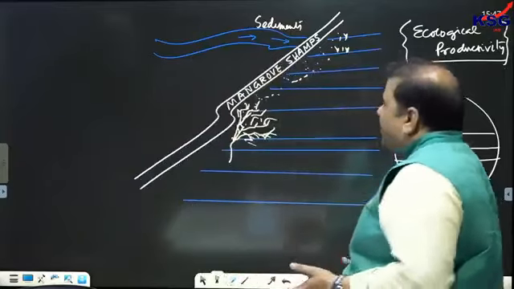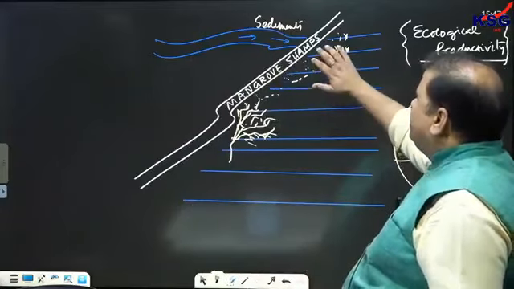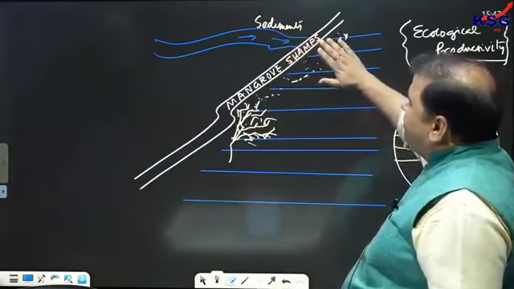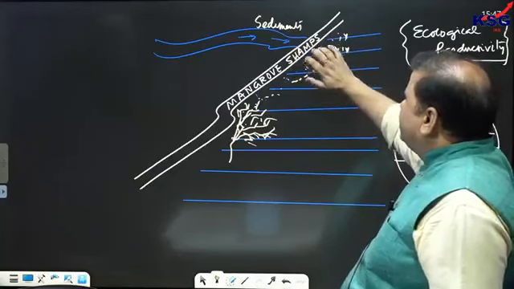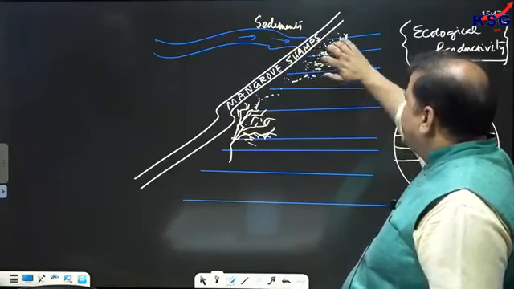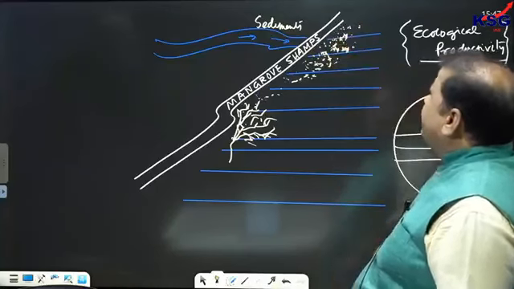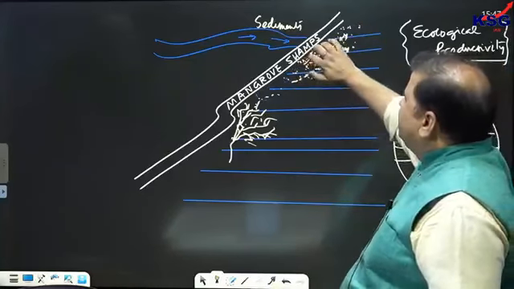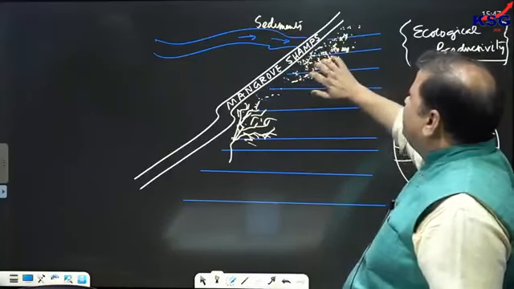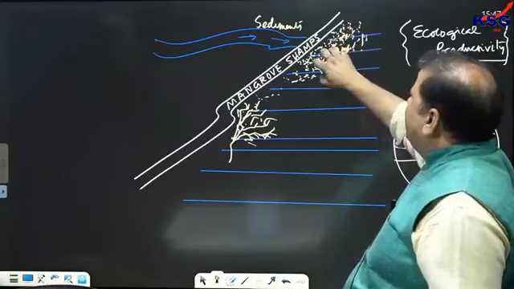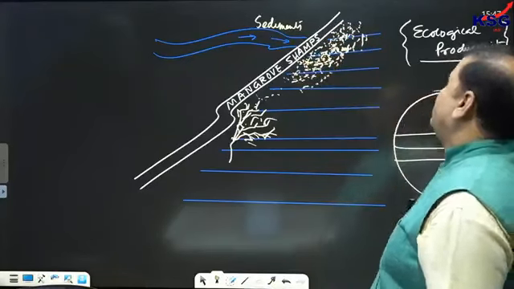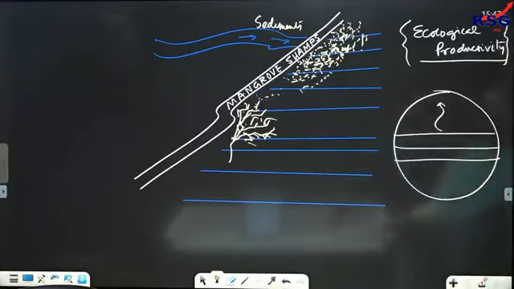Now the reason for high productivity of this area is what? First of all, when rivers carry sediments and deposit them here, it enhances the nutrient content. So the algae and phytoplankton in this area derive nutrients from these sediments to grow in large numbers, and that enhances productivity.